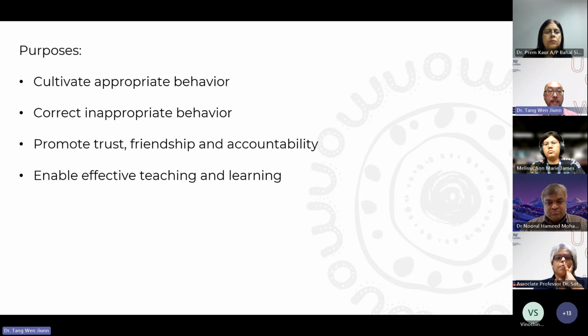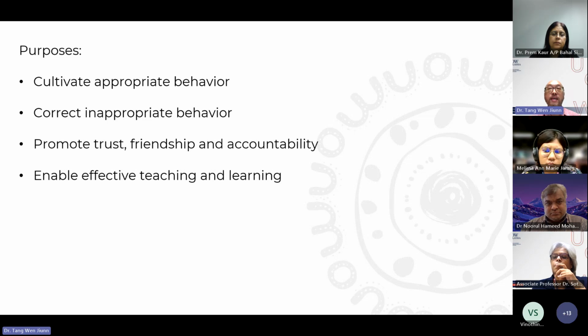So over here, we can see that it is very important in order to have a successful conduct of class. We have to make sure the students pay full attention, participate in all the activities, and learn something. So before we can get to that part, we have to ensure that the students already have the appropriate behavior.